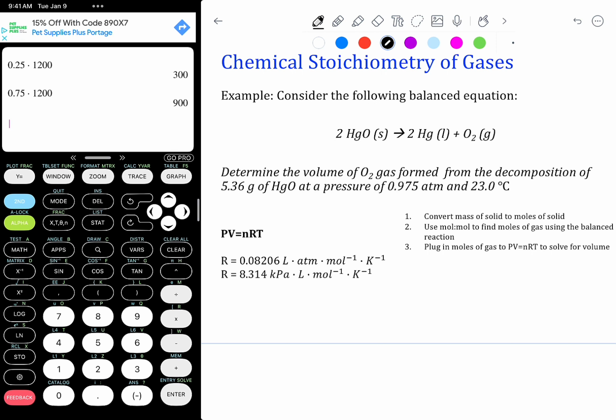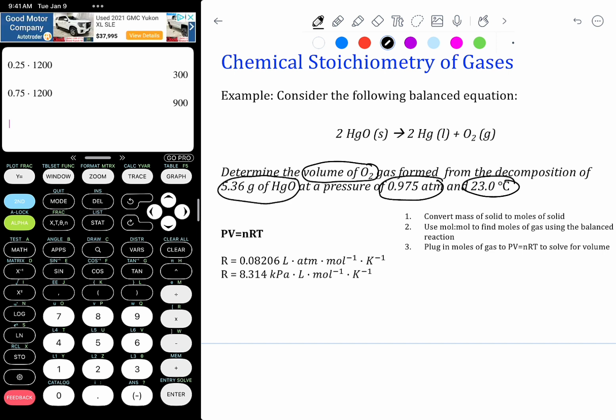In this problem, we are going to combine our knowledge of mole-to-mole ratios with our new knowledge of PV equals nRT, the ideal gas equation. Because if I want to find the volume of a gas, and I'm given pressure and temperature, we can use the mass of one reactant and convert to moles of the gas.